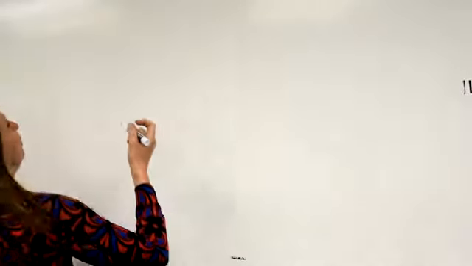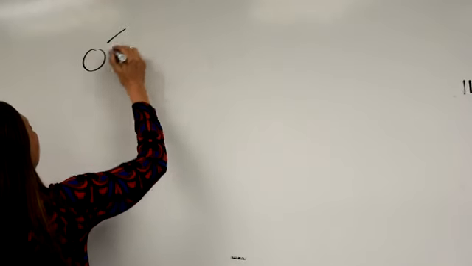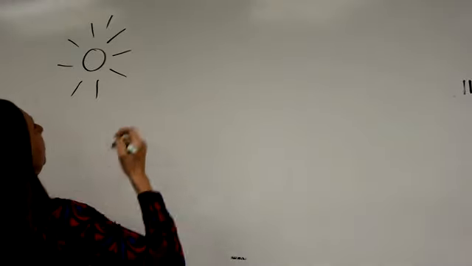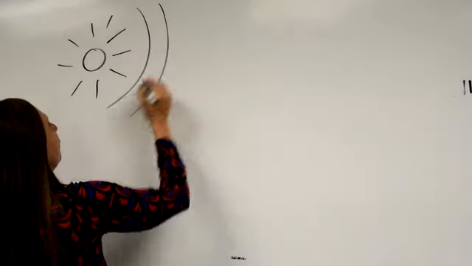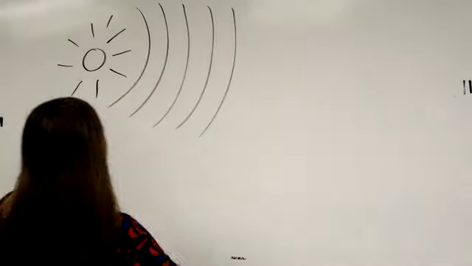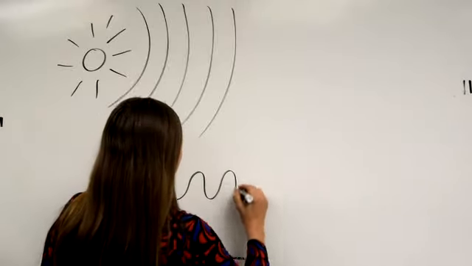You can do the same thing with light. If you have a star, and it's giving off a high frequency light, you can draw them close together because that's showing your crest, crest, crest, crest, crest.